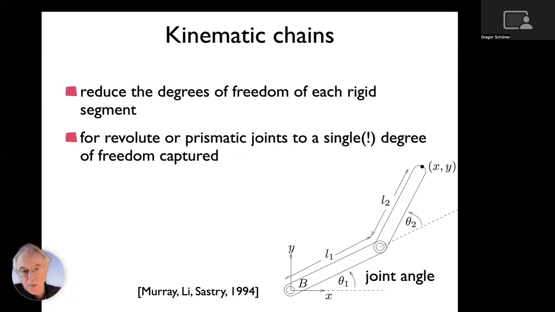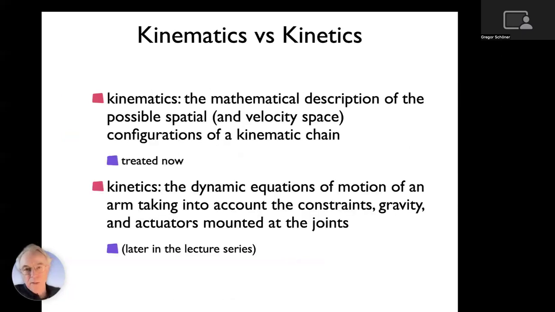So, for instance, if you attach a segment to a base frame through a revolute joint, then only movement around that revolute joint remains. All the other, the translation, all other rotations are gone. So you go from 6 to 1 degree of freedom. And along the chain, therefore, you can say that for every rigid body, you have just 1 degree of freedom left if they're all revolute joints. And that's what tends to be the case.